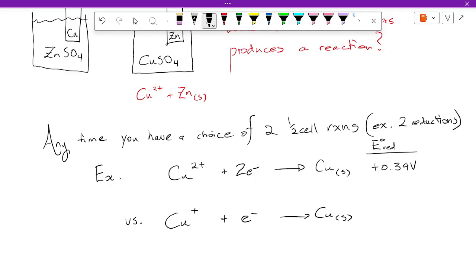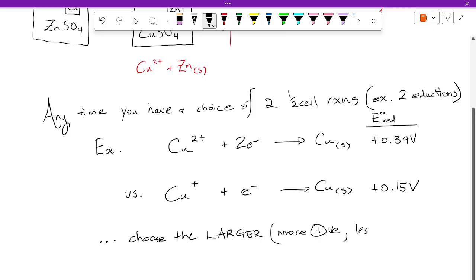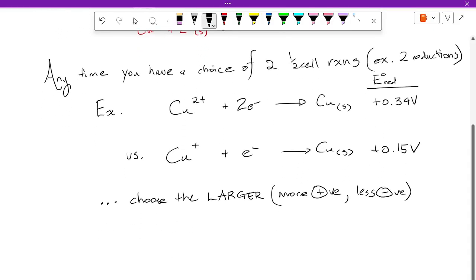And that one is plus 0.15. You're going to choose the larger half cell potential, in other words, more positive, less negative, half cell potential.